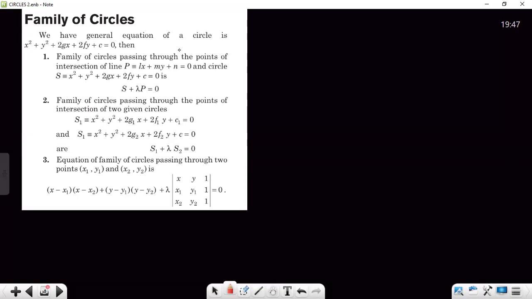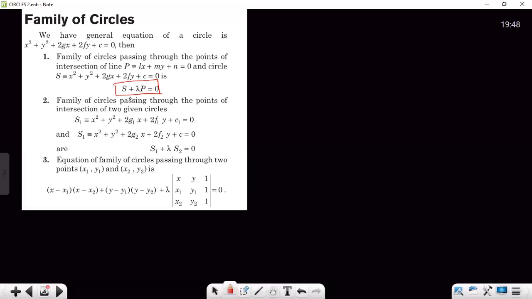Then the family of circles passing through the points of intersection of a line and a circle, where the equation of the line is given and the equation of the circle is given, means all the circles passing through the points of intersection of the line and the circle, will be given by this equation: S plus lambda P is equal to 0, where S is the equation of the circle, and we are only considering the left part of the equation.